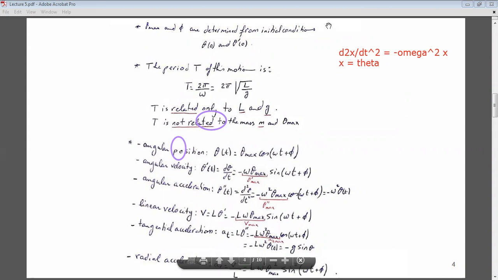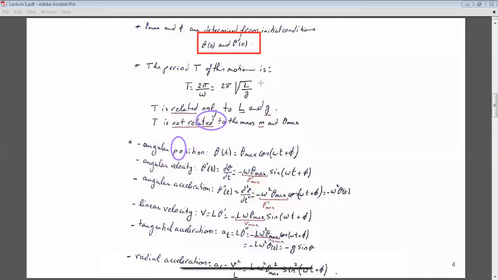A was X maximum, and phi using initial conditions. So same thing here. We use the initial conditions, which are theta at time equals 0 and theta prime or V at time of 0. Here you just have to remember that V is equal to L theta prime. That is L d theta by dt.